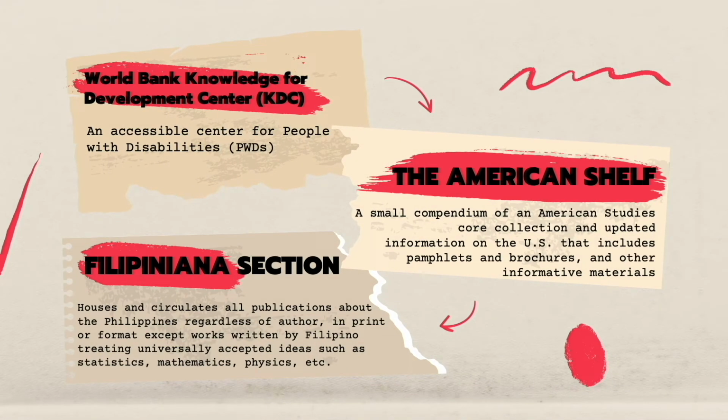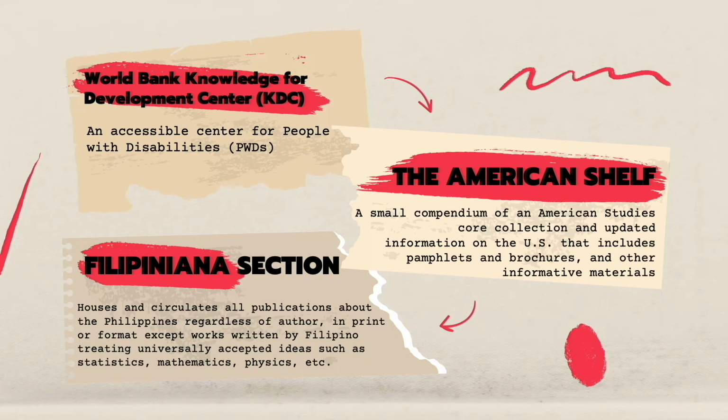We are now nearing the end of the various academic sections in the library. We have the KDC. We also have the American Shelf. This is a small compendium of an American Studies core collection and updated information on the United States. That includes pamphlets and brochures, electronic journals, maps, papers, and other informative materials.